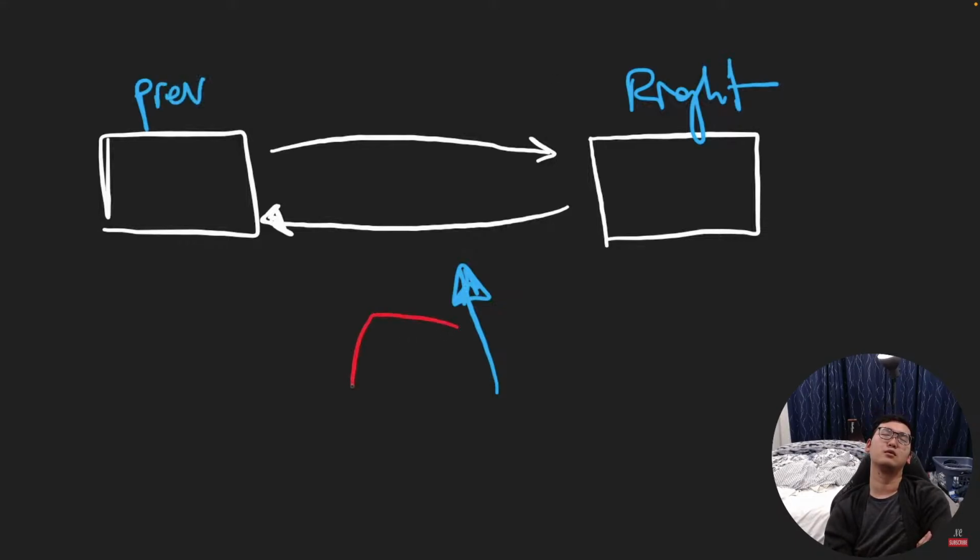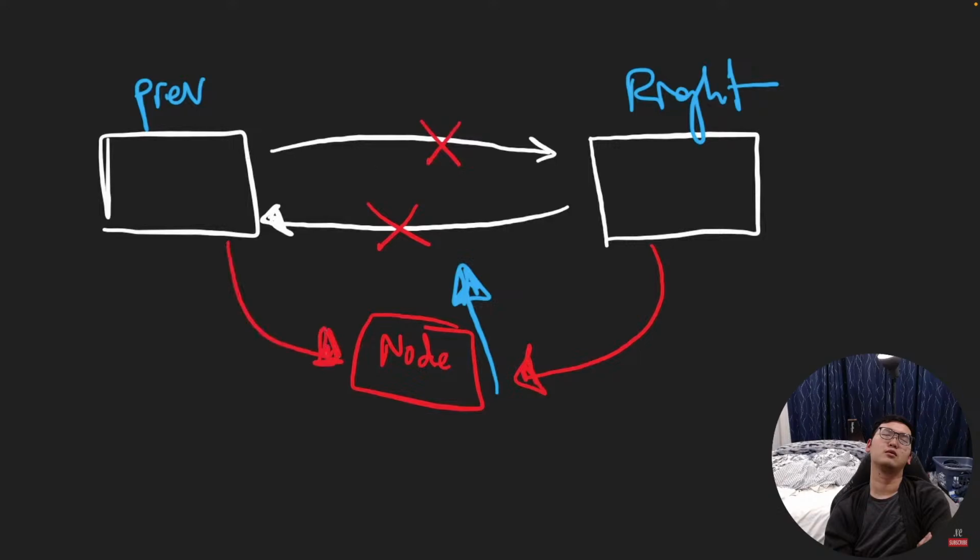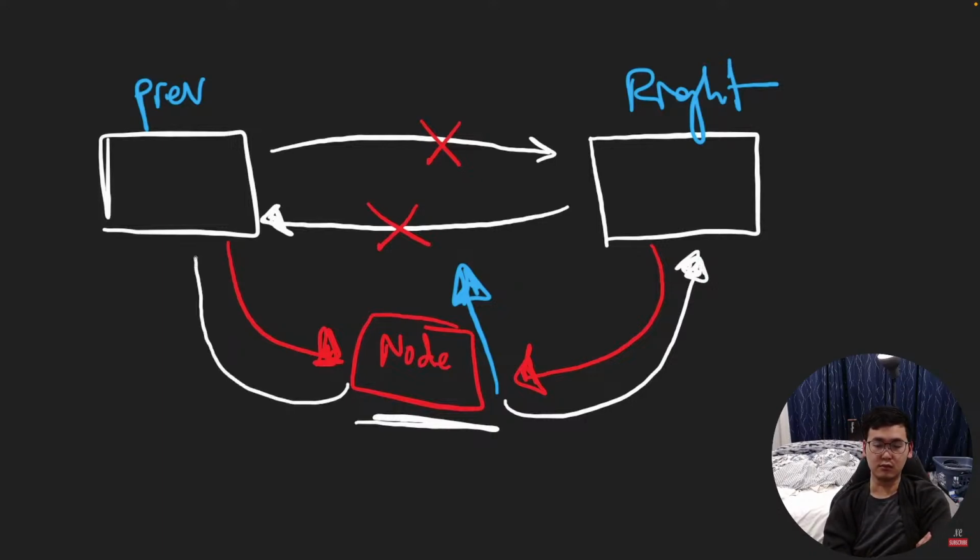So when we have our new node that we're trying to insert, what we want to do is take this pointer and reassign it to that, this pointer, and reassign it over here. And we also want this node to be connected to its neighbor. So we're going to have the next pointer over here and the previous pointer to be here.